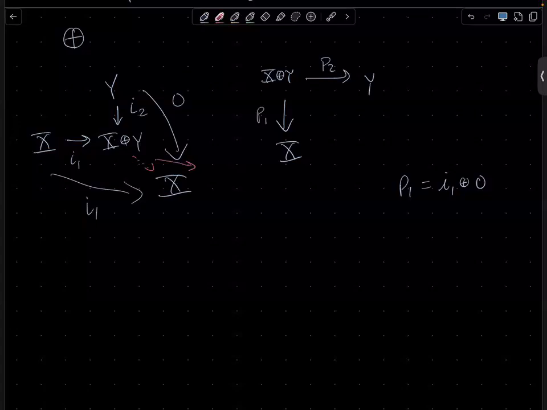We denote it as I1 direct sum 0, and this map is this one. Then you can do the same thing with P2: you flip 0 and I1, and instead of X, you put Y. It's very similar. I'm a little confused by what's the map from X to X, is it supposed to be I1? It's identity, sorry, it should be id X. I might have messed that one up.